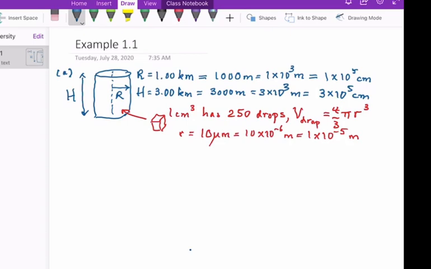Okay, now you have to think a little bit about what we want. We want the total volume of water. We're told that we can think of the cloud as having little water droplets, each being a sphere. We know the formula for the volume of each drop. So the total volume of water, just got to think about this a little bit.